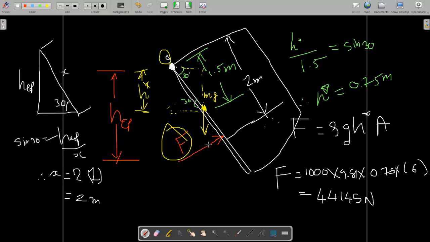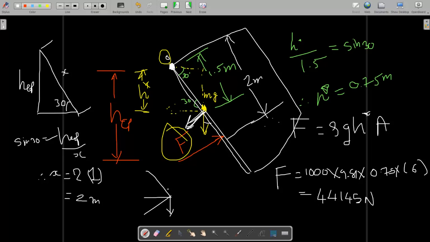Now we have to take the component of mg. And mg is acting, so what is the angle? We have to take the component in this direction. So this is the plane, and this is the mg component, and this is the angle.